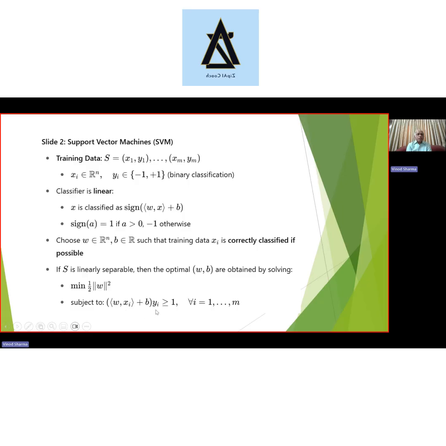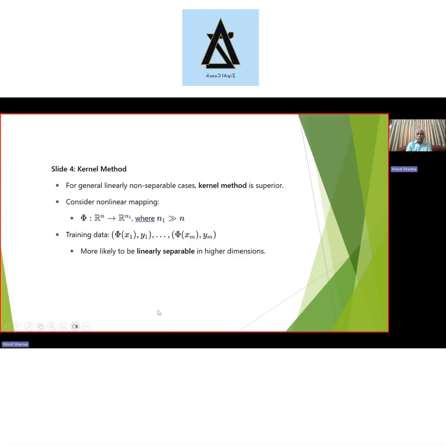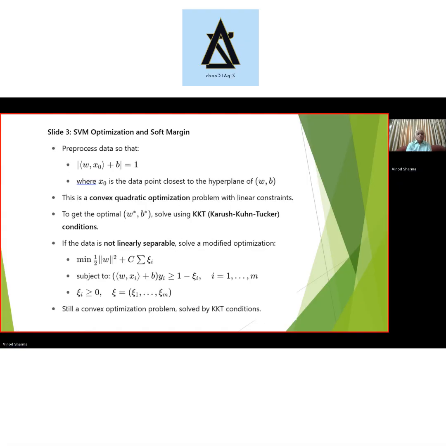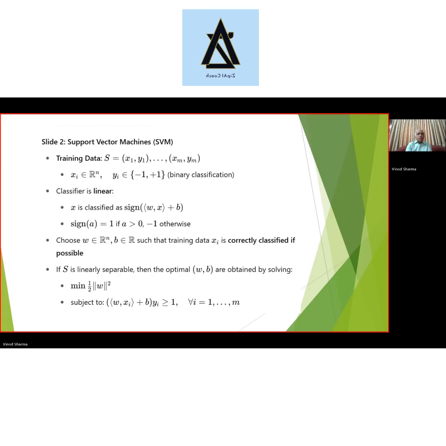If yi is negative and the sign of this quantity is also negative, then the product of this is again positive, and so the product here will always be greater than or equal to 0 for all i if that W and B are providing correct classification.